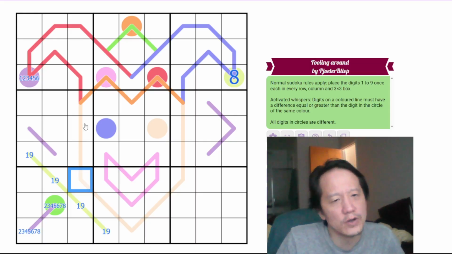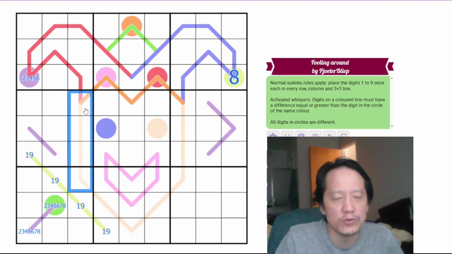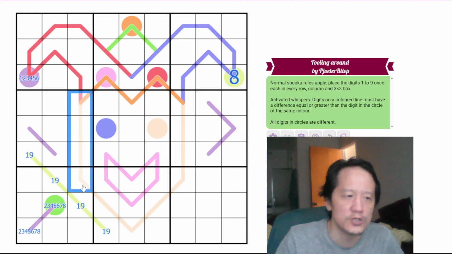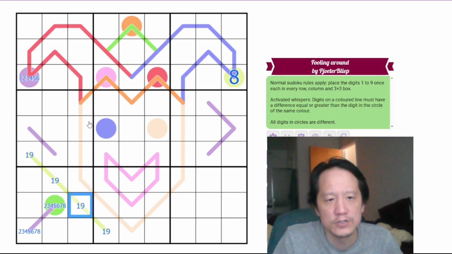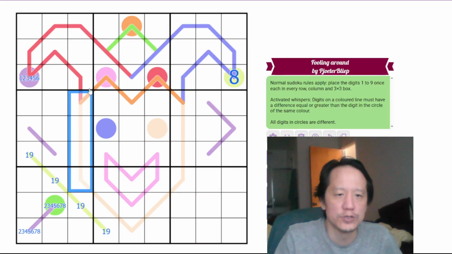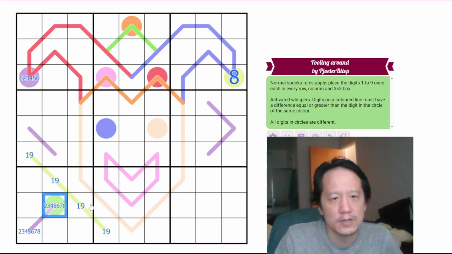Okay, yeah, no, it cannot be, because one of these has to be 1 or 9. You have to have 1, 2, 8, and 9 here. And if this was a difference of 7, you would have to have a 1, 2, 8, 9 quadruplet here, which will eliminate all possibilities for that cell. So tan cannot be also. So it is either orange or it's green.